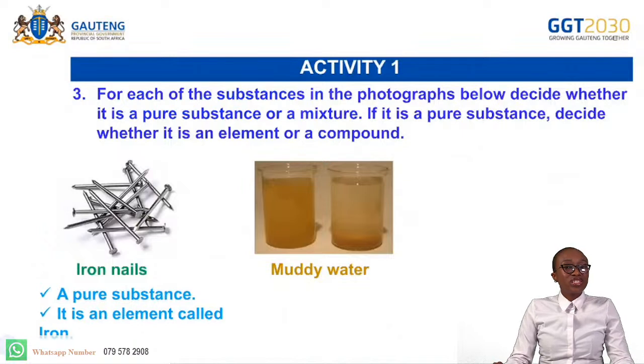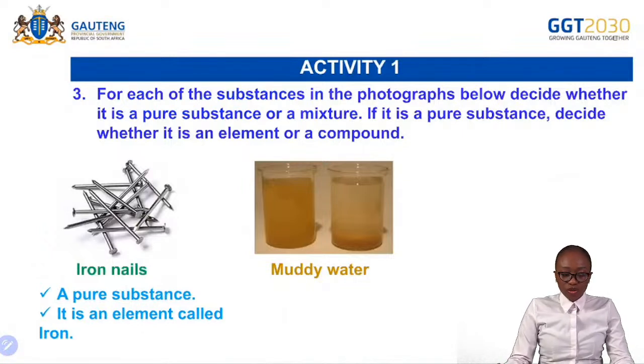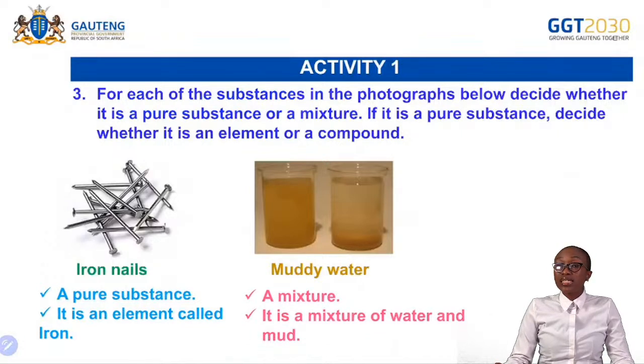Now we need to decide whether iron nails are made up of an element or a compound. This is an element because the iron nails are made purely of atoms that belong to one element, which is iron. And then we have muddy water. Muddy water is a mixture. It is a mixture of water and mud. Take 1 minute to quickly copy down this and then see you after 1 minute.